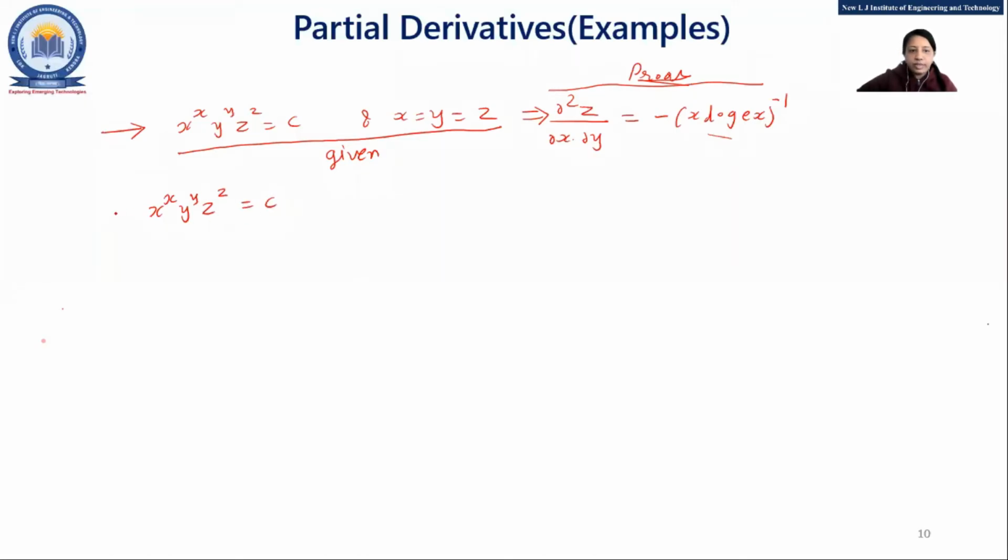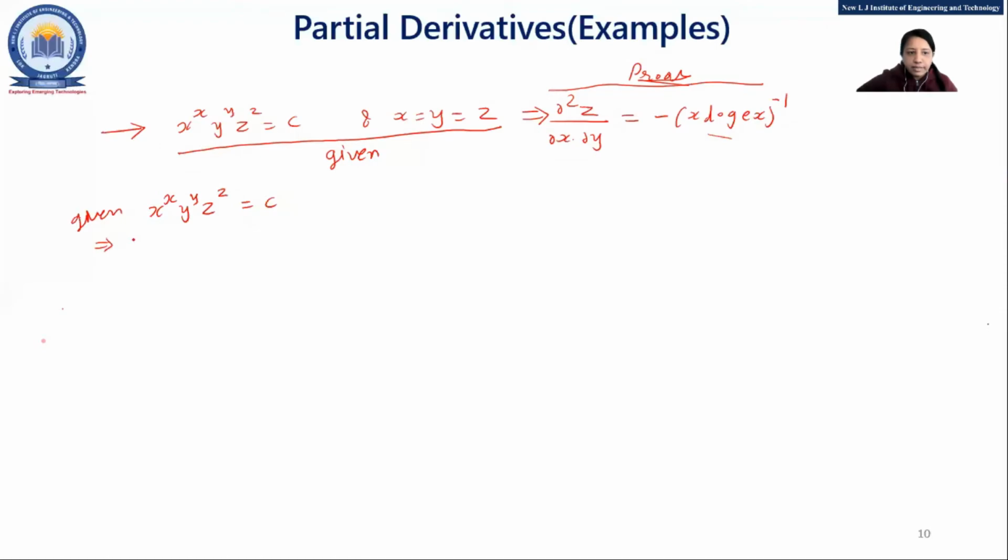This is my given. Now take log on both sides, because log is there in the answer. So log of this, and this is log c.